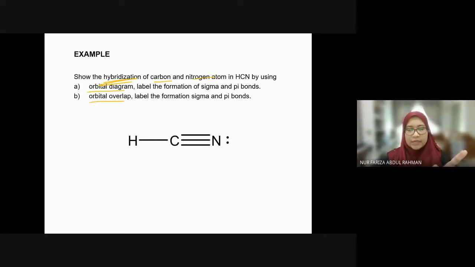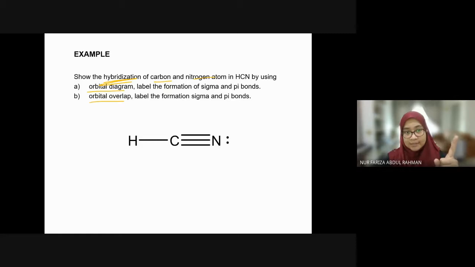So far I have mentioned to you that normally the central atom will be the one to form hybrids, to undergo hybridization.